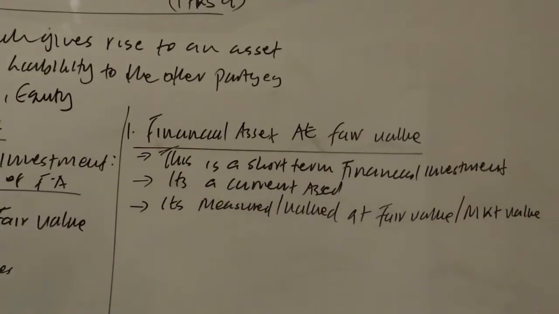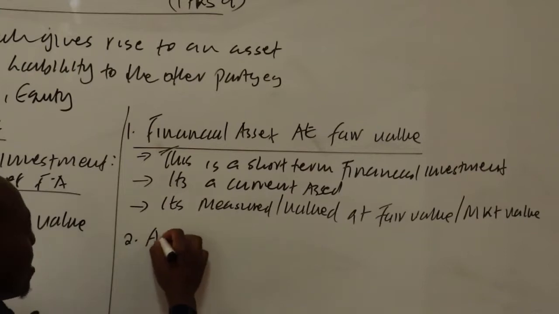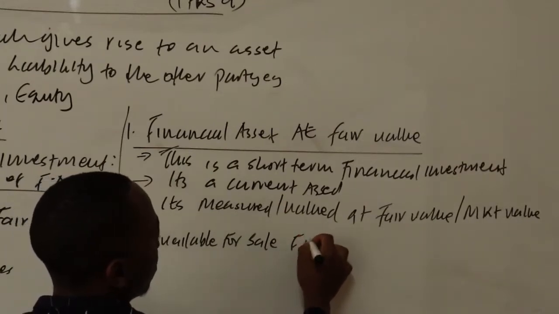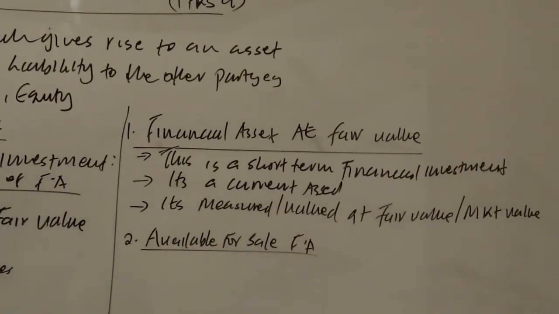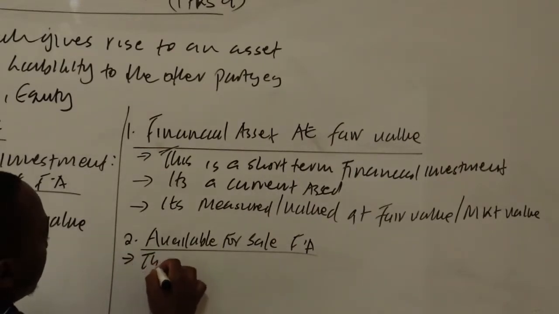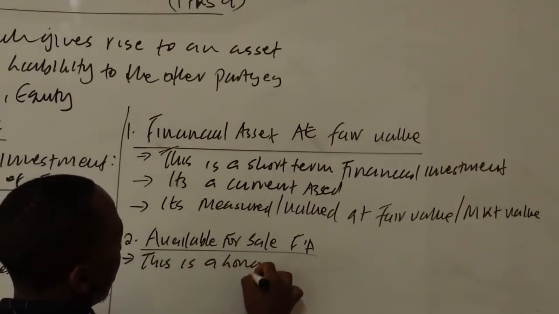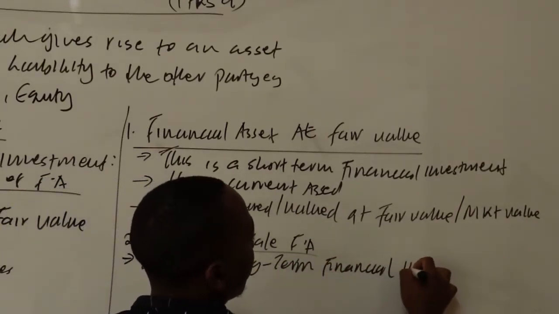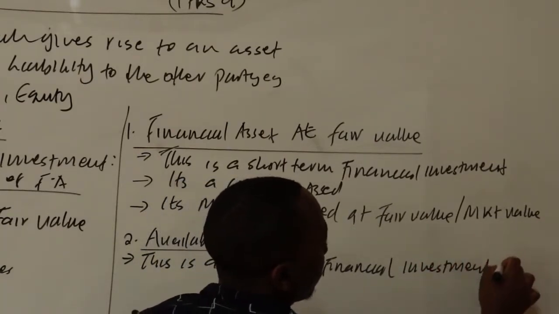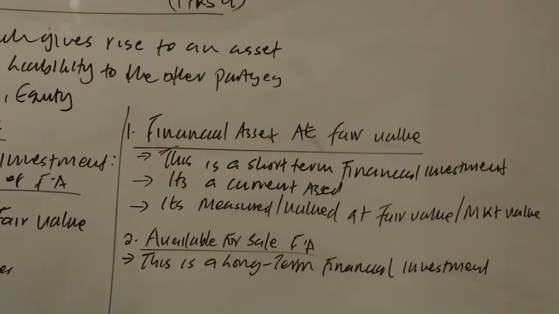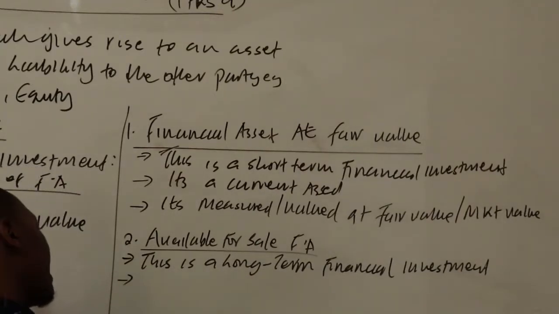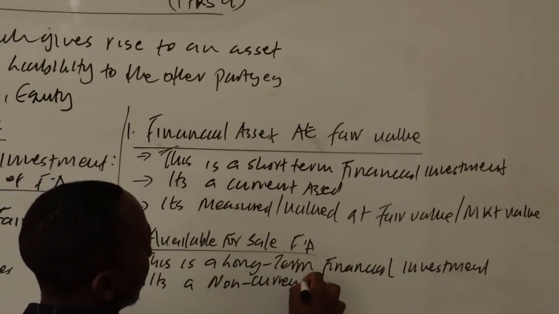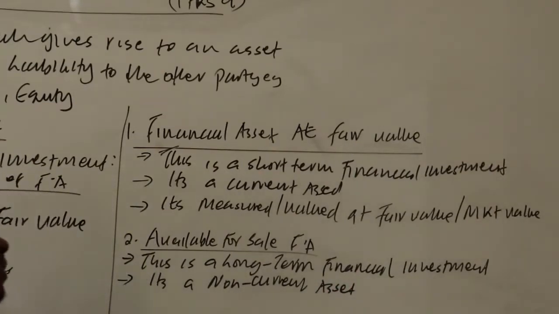So that's financial asset at fair value. Then number two, we have available for sale financial assets. Available for sale is long-term. This is a long-term financial investment. That means it's taking more than one economic period. Therefore, since it's a long-term financial asset, it's a non-current asset.